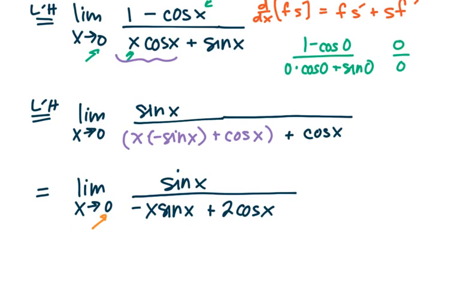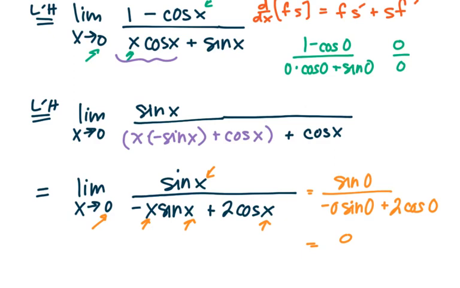Now let's look at what happens if I plug 0 in for these values. I end up with sine of 0 over negative 0 times sine of 0 plus 2 cosine of 0. Sine of 0 is 0, and 0 times sine 0 is 0, but I end up with a plus 2.